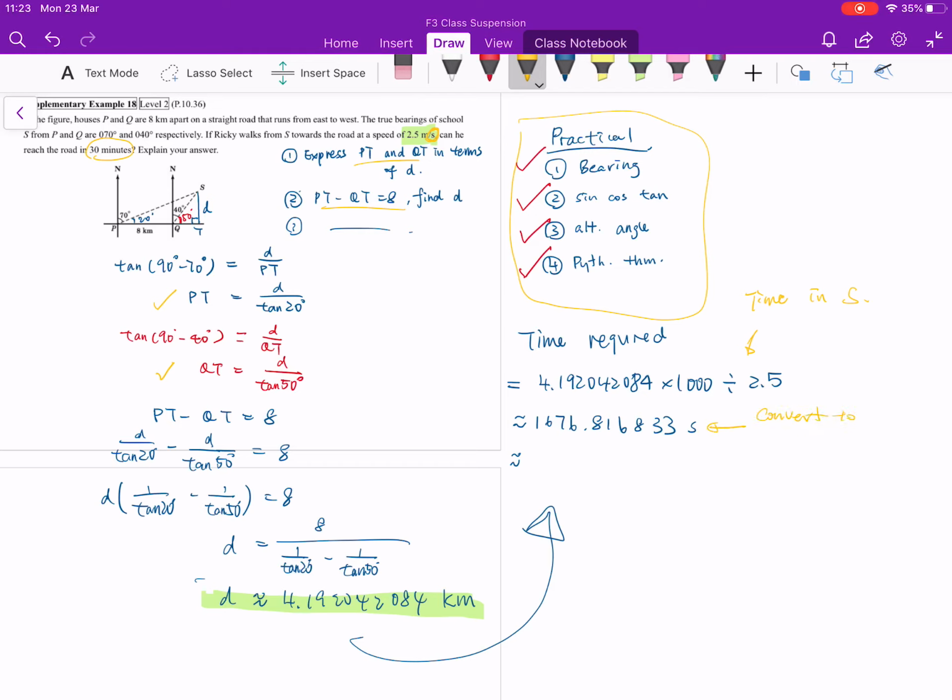Convert to minute means you have to divide it by 60. It's this one in 3SF. Give me the unit. Therefore, which is less than 30 minutes given. Therefore, you agree, means he can.